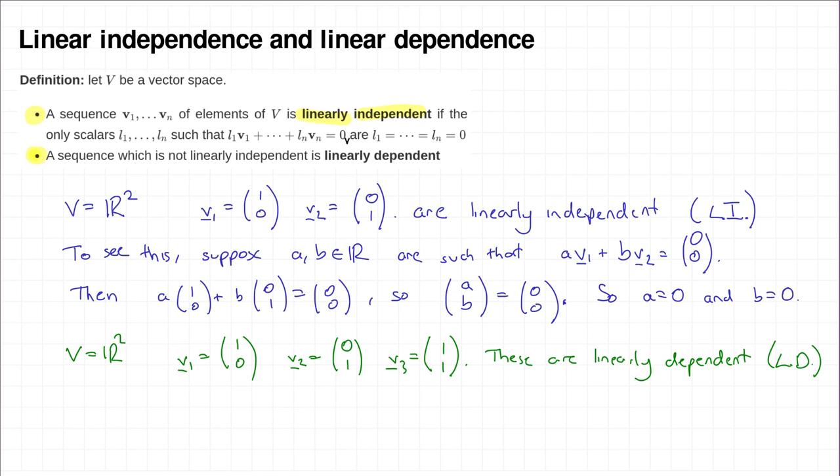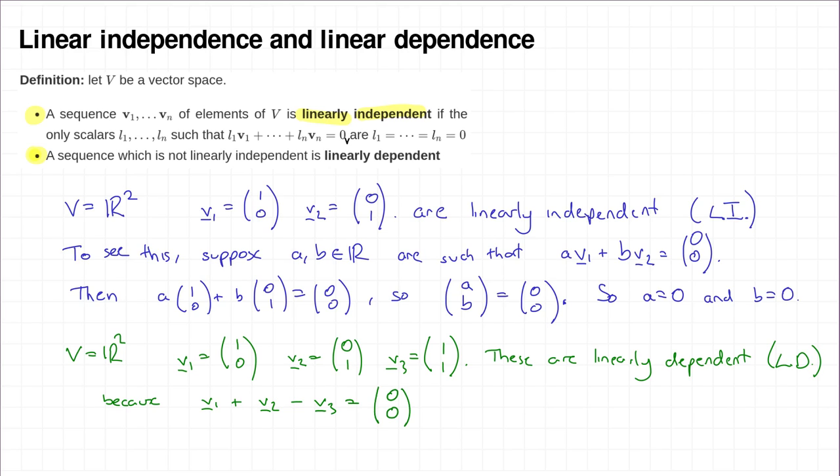Well, again, to show that these things are linearly dependent is straightforward. All you've got to do is write down a linear combination of v1, v2 and v3 which is equal to the 0 vector, but in which not all the coefficients, the scalars in that linear combination, are equal to 0. And it's fairly simple for us to do that, because if I take v1 plus v2, that's going to be the vector (1, 1), minus v3, well, that will be (0, 0).